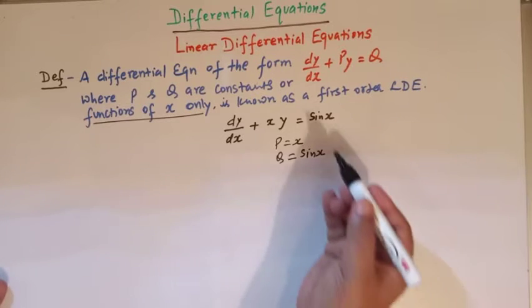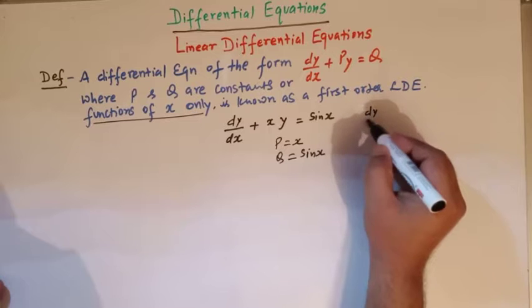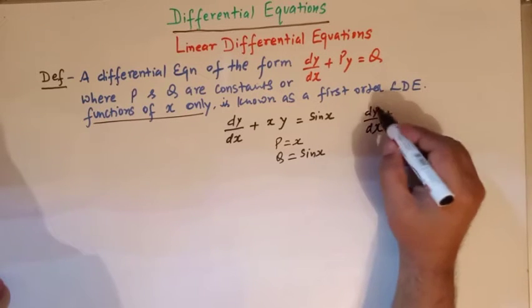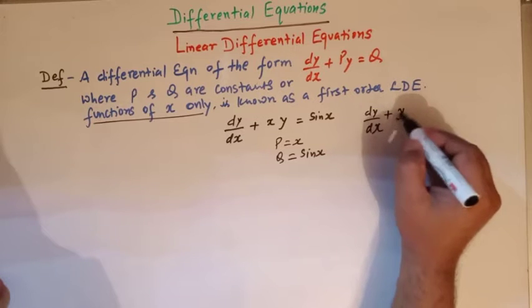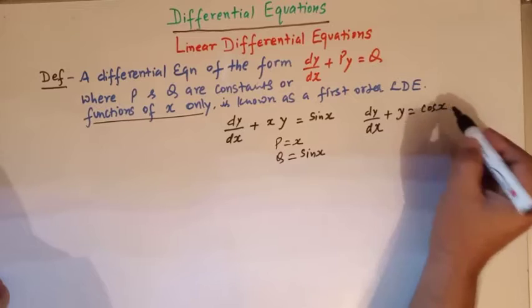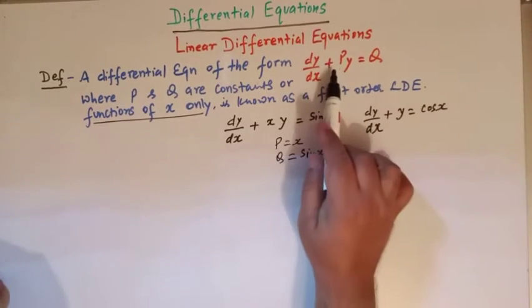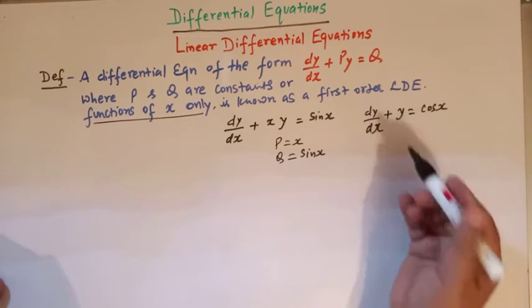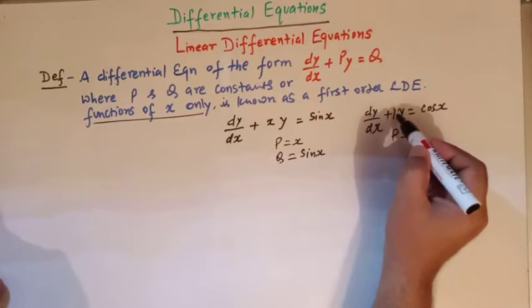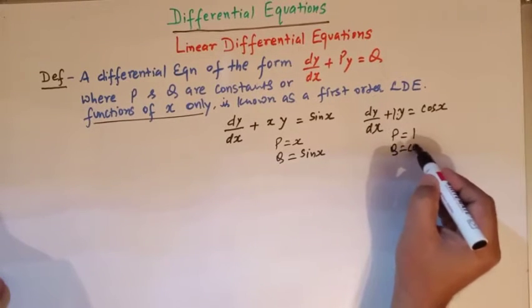Okay. Let us take one more example. Suppose we have a differential equation of this type, say dy by dx plus y is equal to say cos x. Now here if we compare these two equations, this with this, we have p is equal to 1. Clear? Here we have 1y and q as cos x.